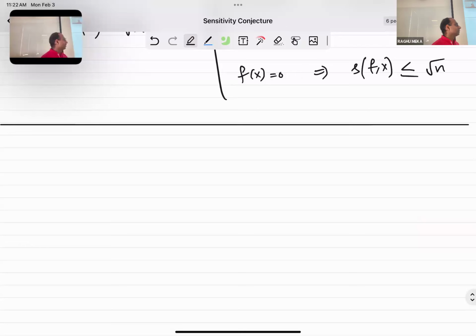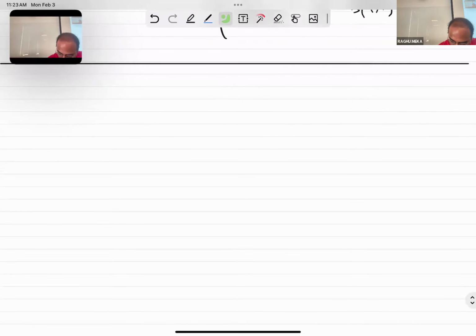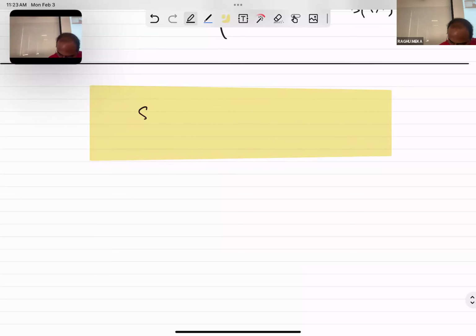So maybe one takeaway from the first two topics should be that we just saw two brilliant applications of spectral graph theory, and there are tons and tons of applications. Okay. So the next topic that we are going to study is about what is called the sunflower conjecture.